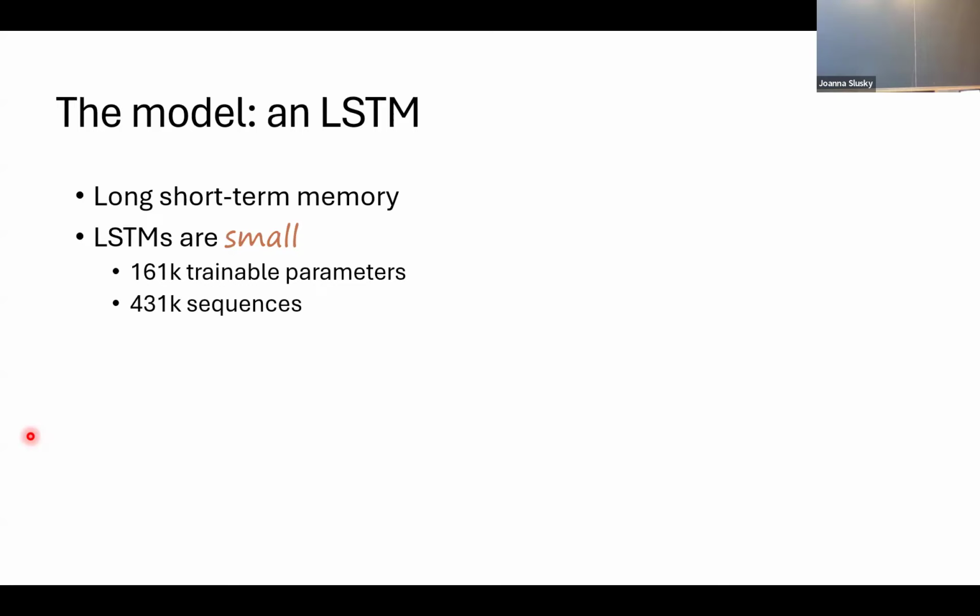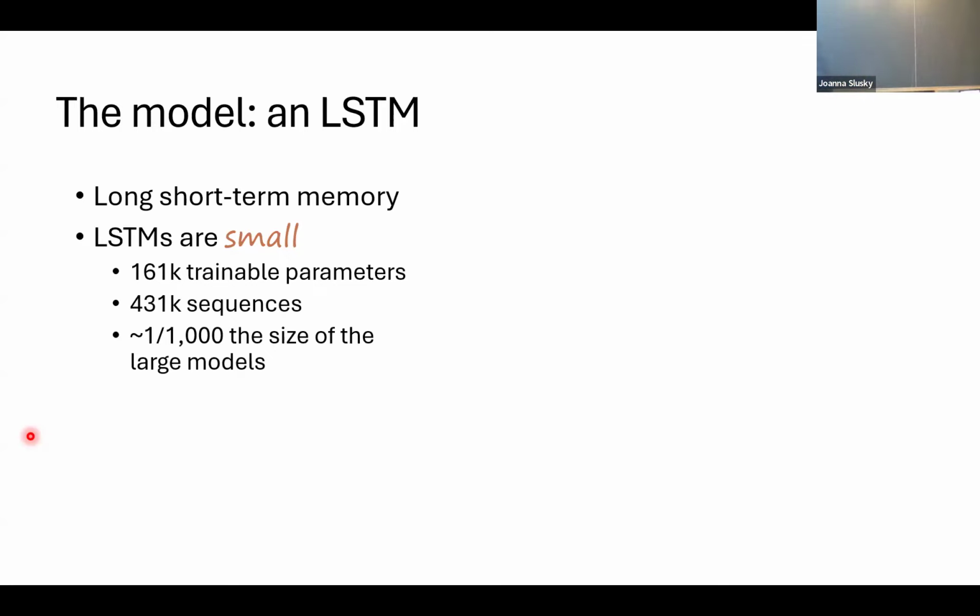This would be in comparison to trainable parameters of between 100 million and 15 billion or so, and 500 million sequences. So at every step, we're about 1,000th of the size of the large models that you're probably used to looking at.